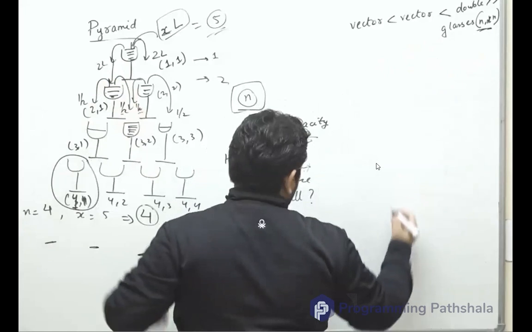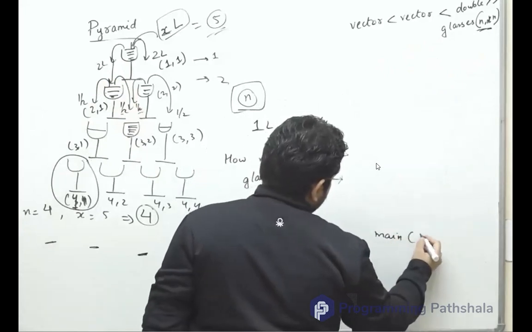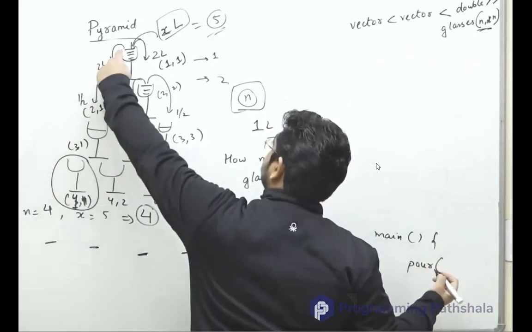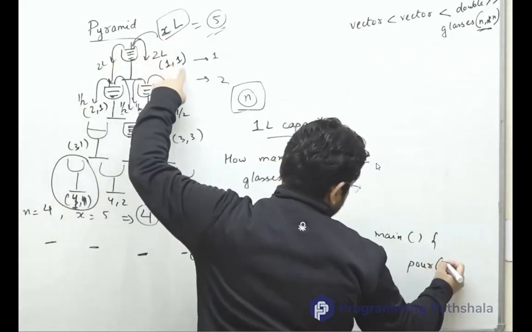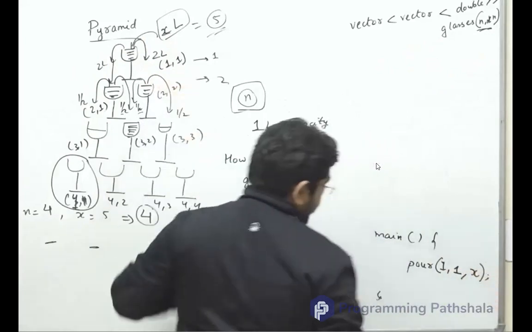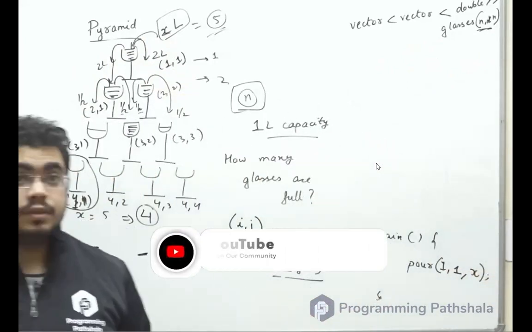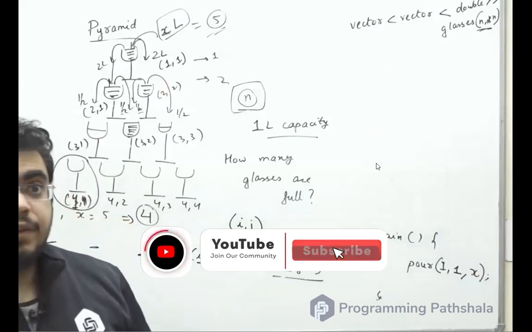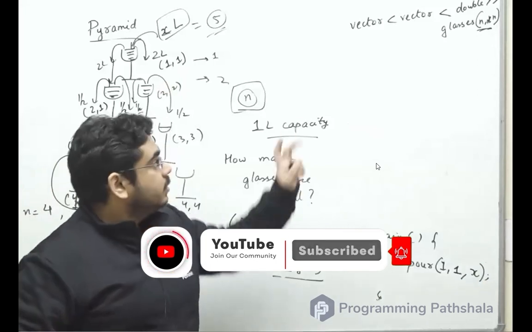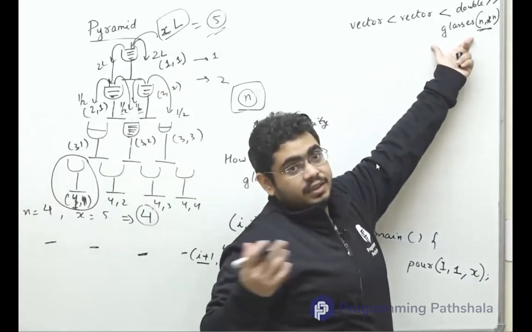So what I'll do is from main, I'll say pour into 1 comma 1 your x liters. Does this make sense? What is this vector? As I said, it's just a way of representing a 2D matrix. You will see that I'll still be using glasses ij.